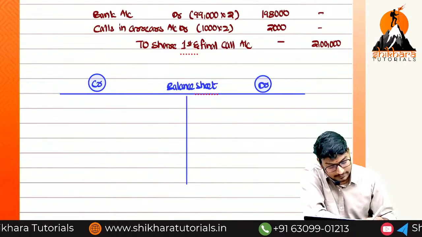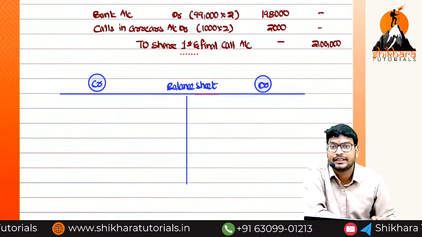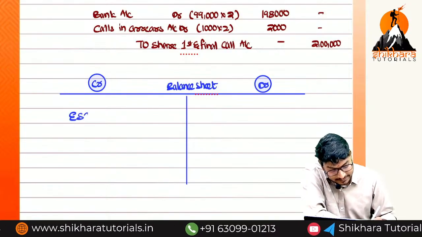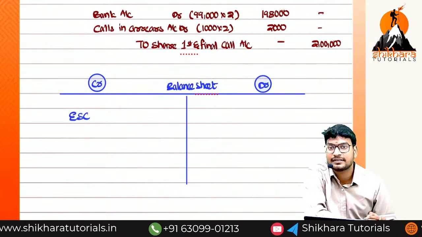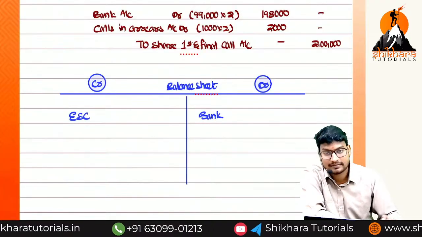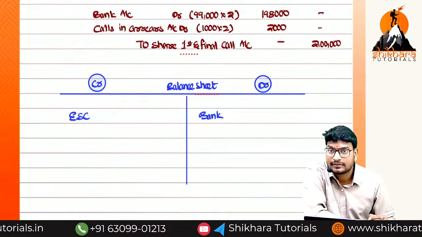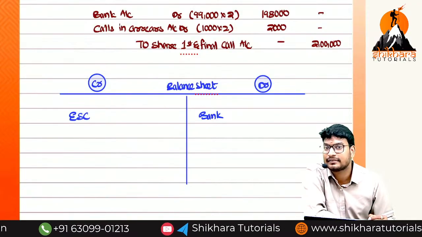Here on the liability side, what items will come into the picture? Equity share capital. Yes or no, ma? Now bank balance will be available on which side? Asset side. And calls in arrears. What is the representation we need to show for calls in arrears?